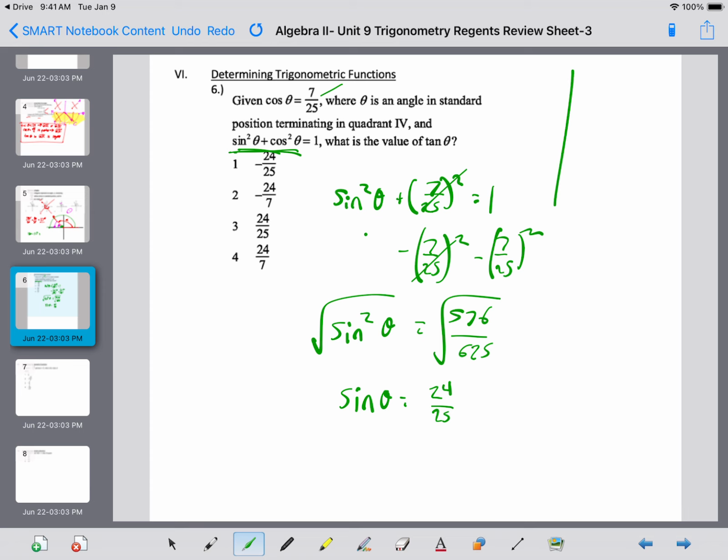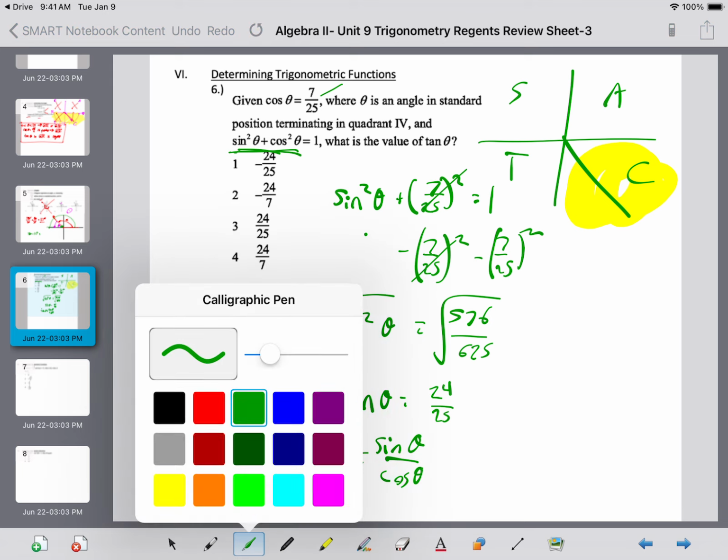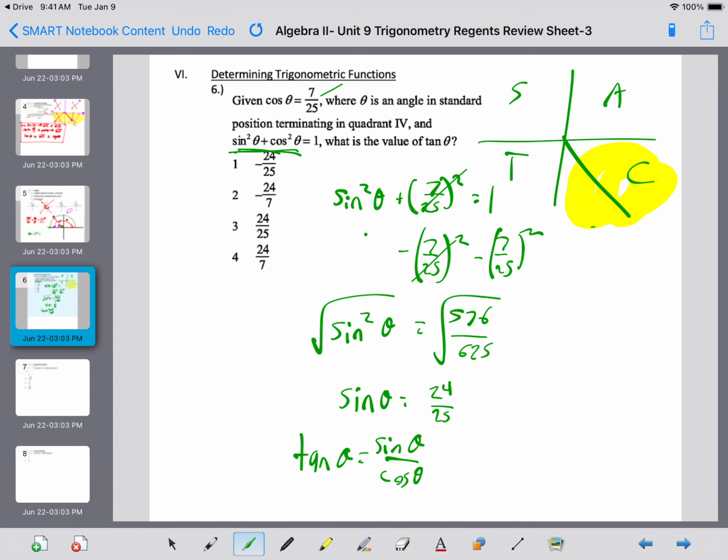So then, this is in quadrant 4. All students take calculus. Cosine is positive. Oh, we're using the identity. So tangent, tangent theta is just sine over cosine. So sine we said was, so using all students take calculus, you know that sine is going to be negative in quadrant 4.